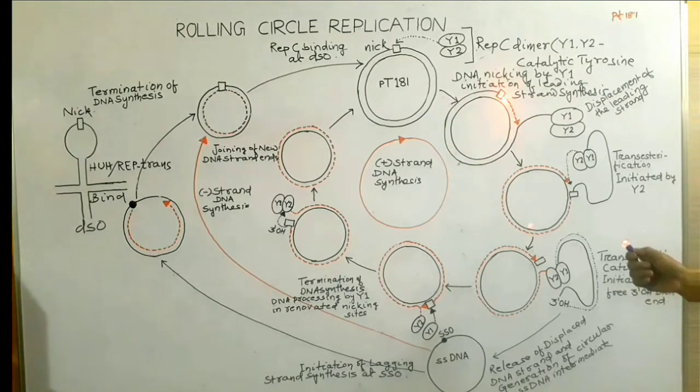This 3' end is used as a primer for the synthesis of the new DNA strand. After this, the dotted black arrow indicates the nucleophilic attack of the catalytic tyrosine residue on the phosphodiester bond of DNA, or it can also indicate the nucleophilic attack of the 3' end on the phosphotyrosine bond between the enzyme and DNA.